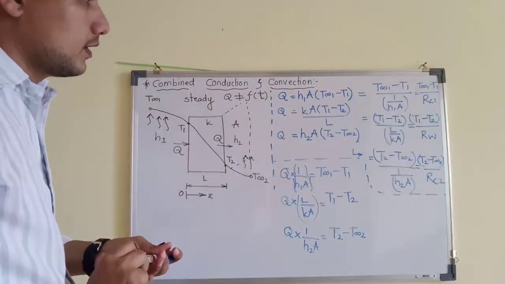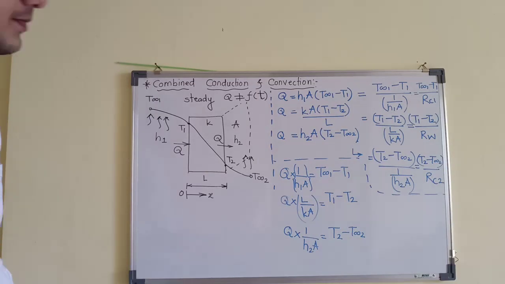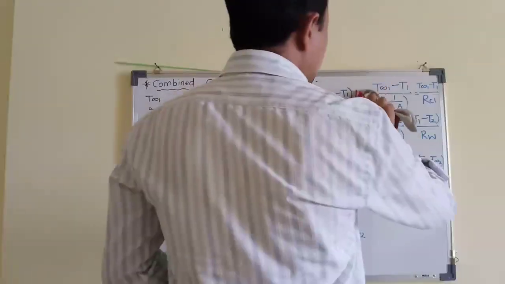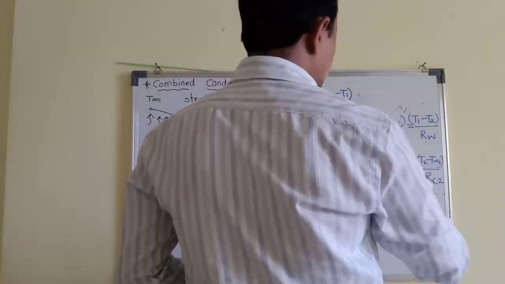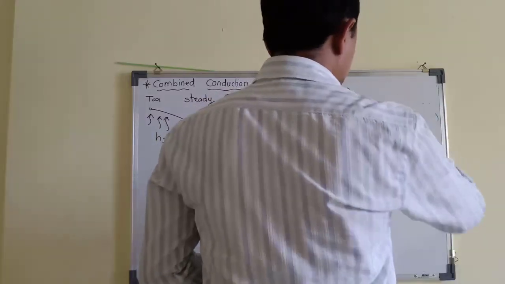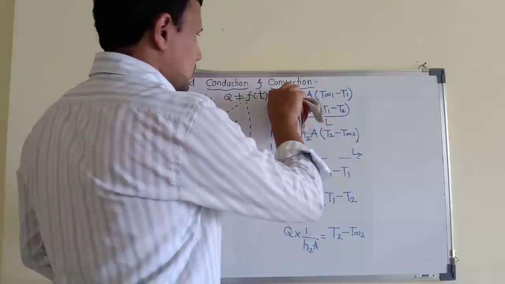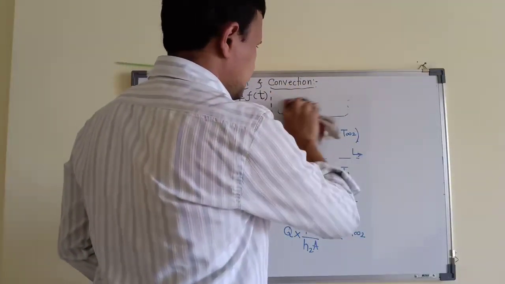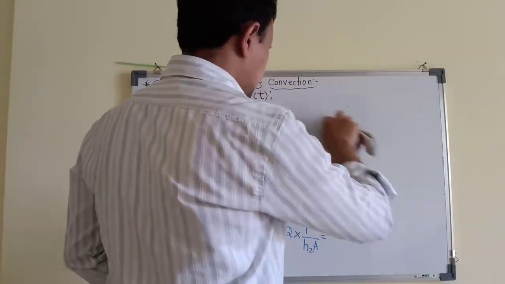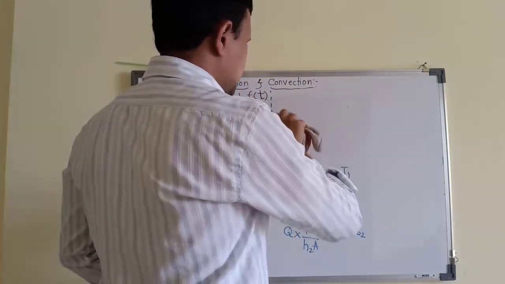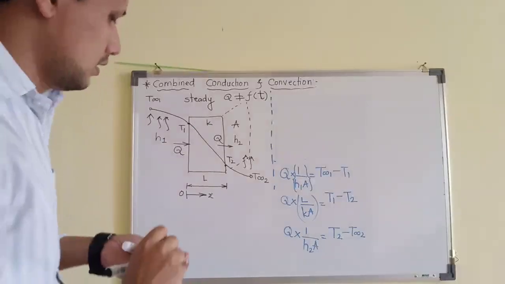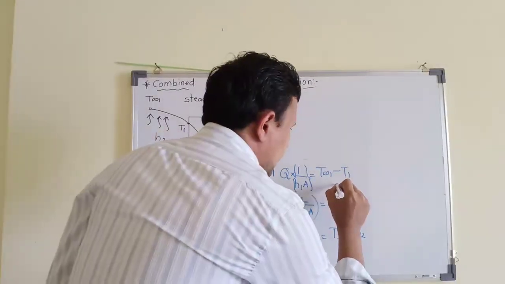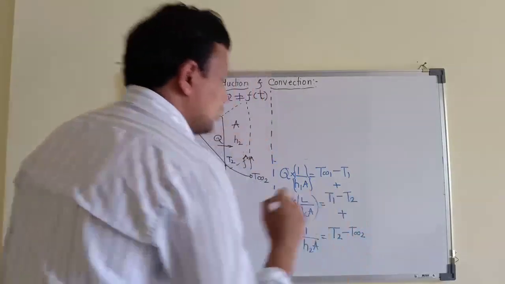Okay, now we have our equations. So let us simply add all of them and see what we get out of it. Now we are going to add all these equations, equation 1, 2 and 3.